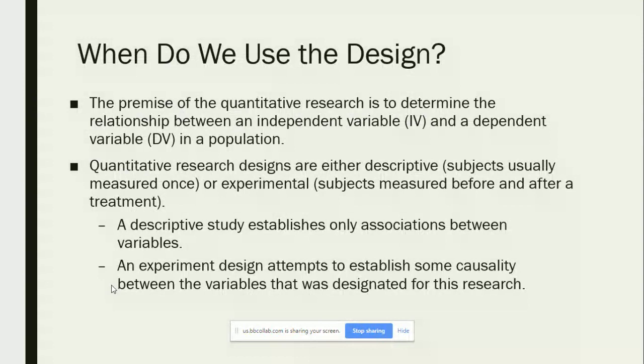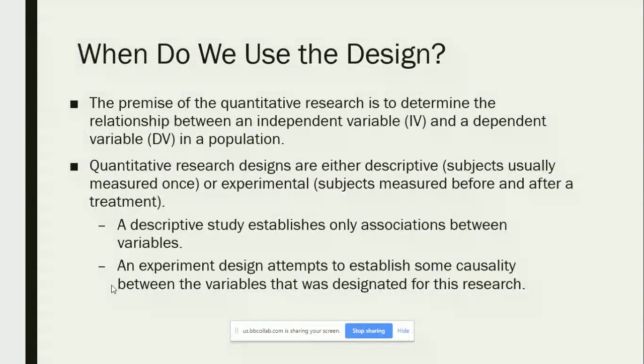In other words, you have a before and after case, so you'll be interested in knowing what happens before as well as after. Remember, a descriptive study looks only at associations between the variables in your research.